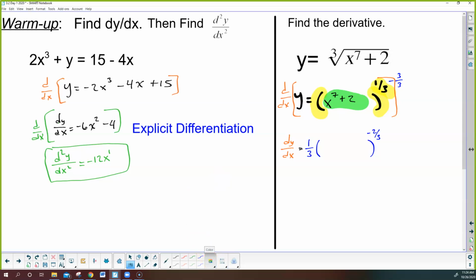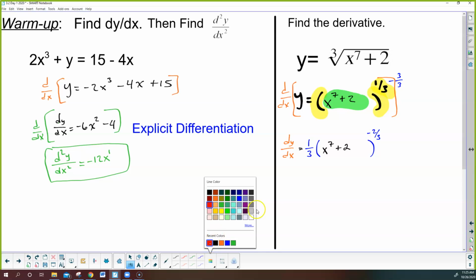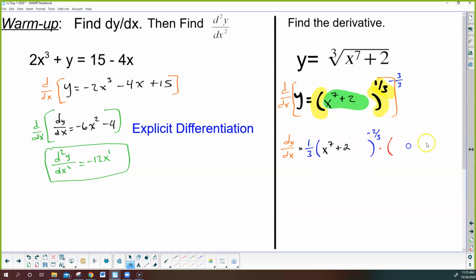So there's the derivative of the outside. Now we're going to keep the inside exactly the way it is, and then we're going to multiply. Notice I'm putting parentheses. I may need them, I may not, by the derivative of the inside. Well, that's just a quick power rule. The +2 is going to be put there as a 0.